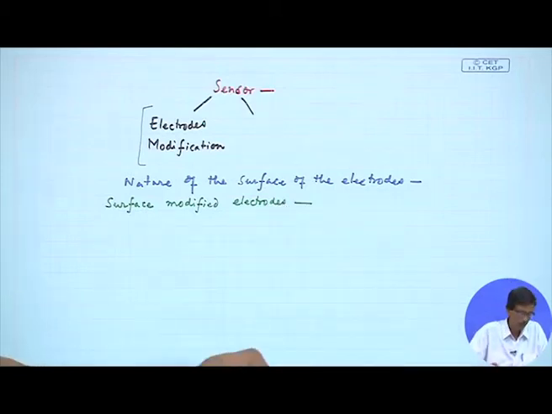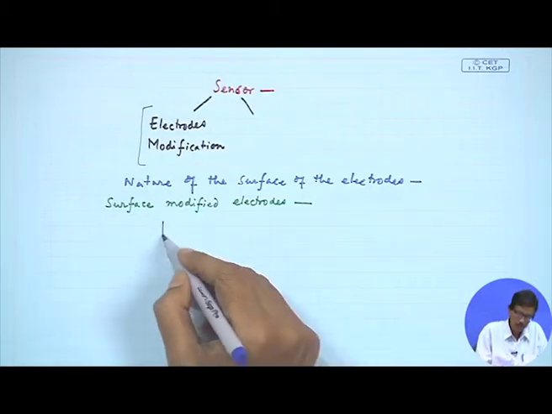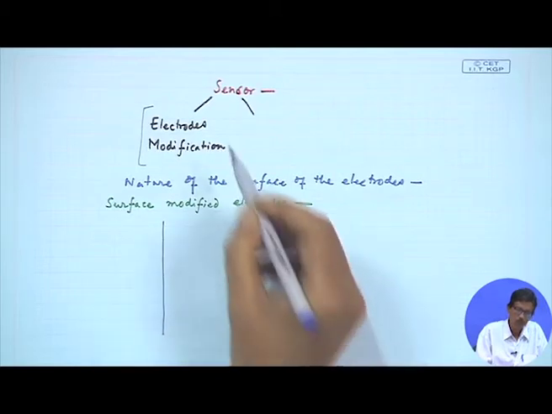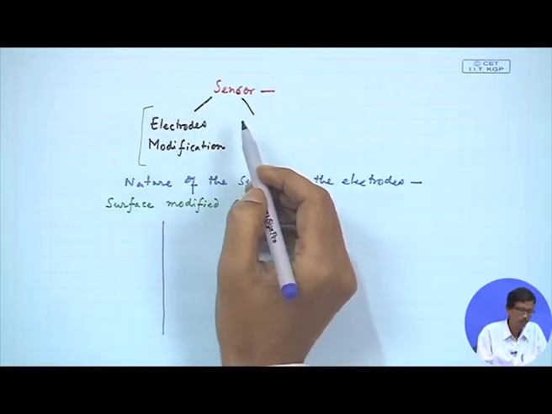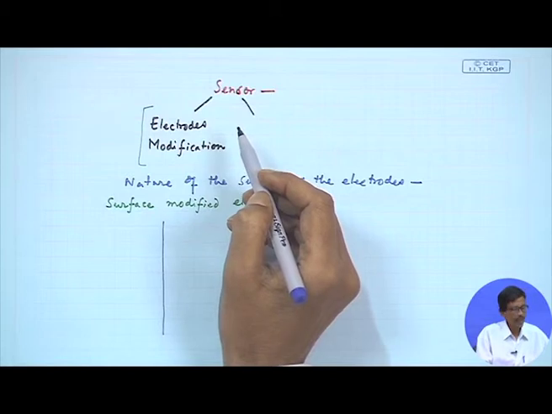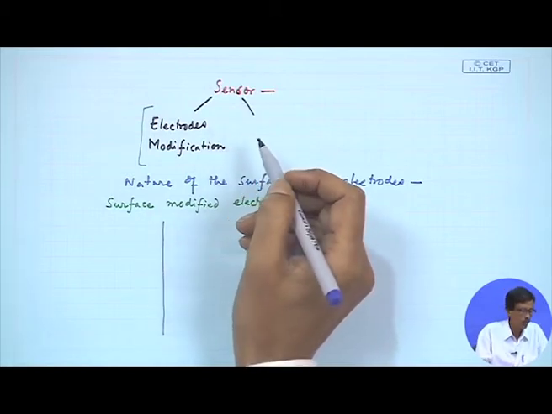Pictorially we can identify these, because we should do something on the electrodes for their modification, and thereby increase the selectivity.